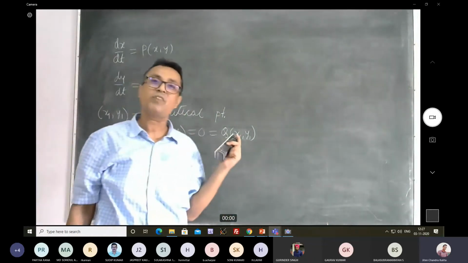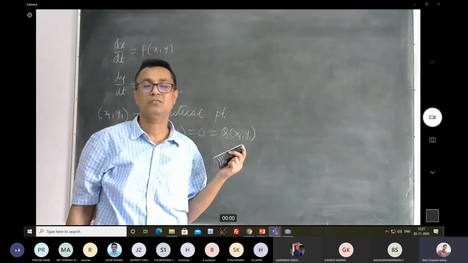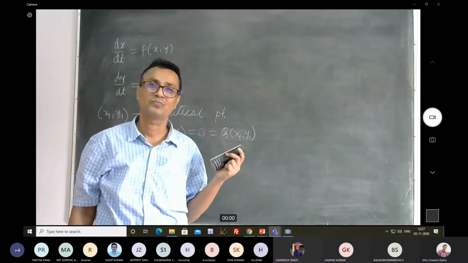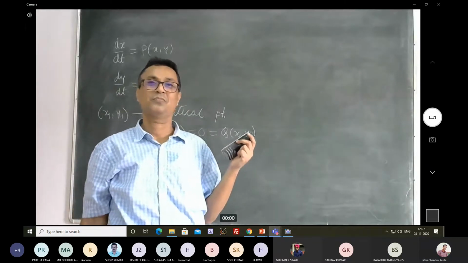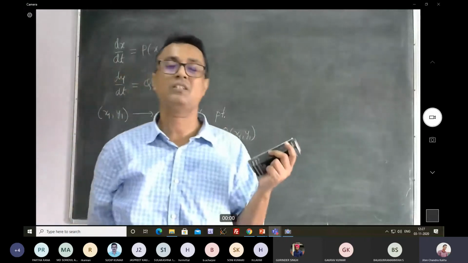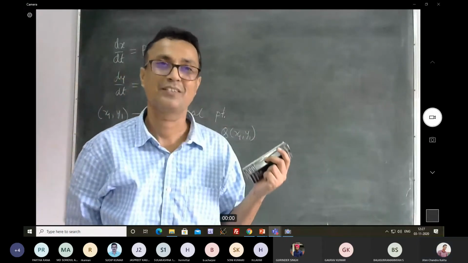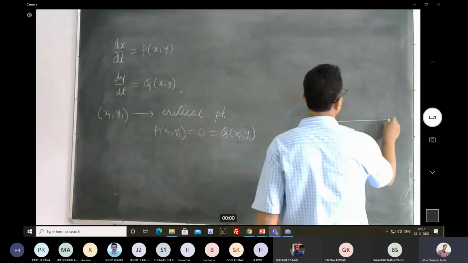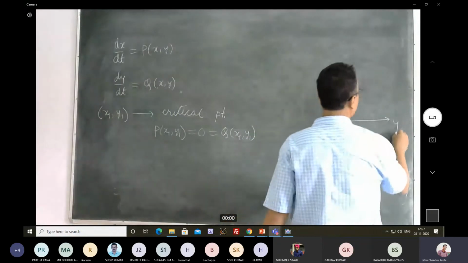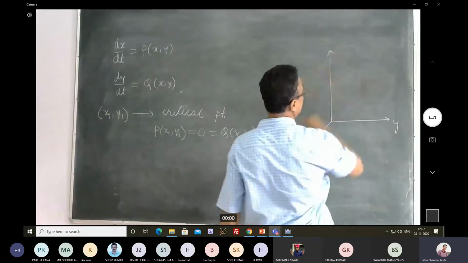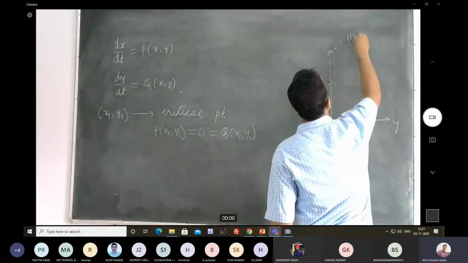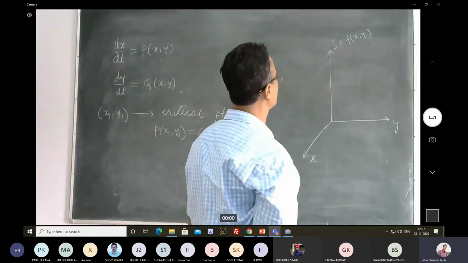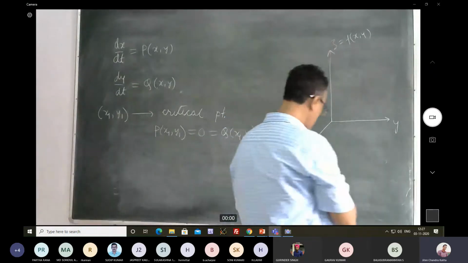The graph of a function of two variables is a surface. Suppose I consider a function of two variables, x and y, and along the z-axis I designate the value of the function f of x, y.